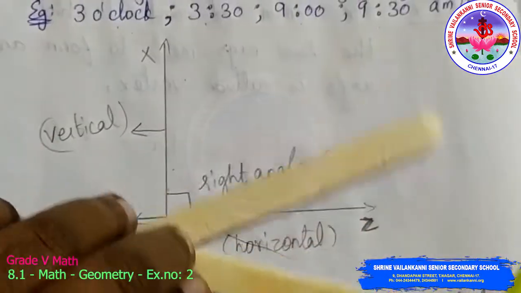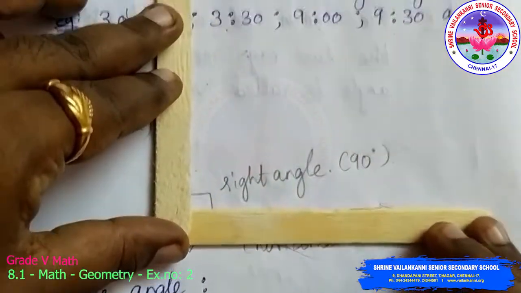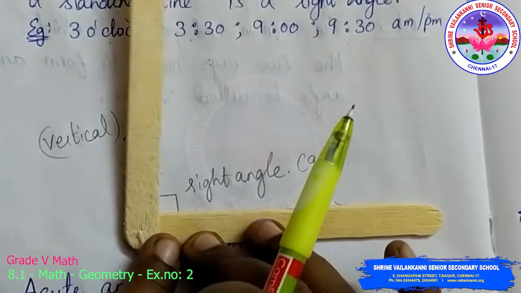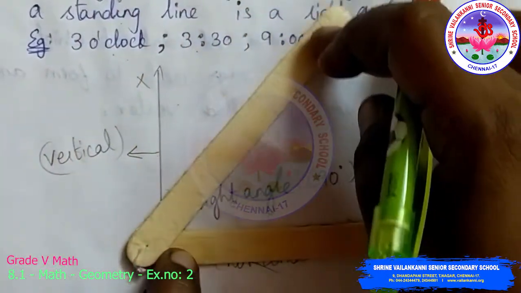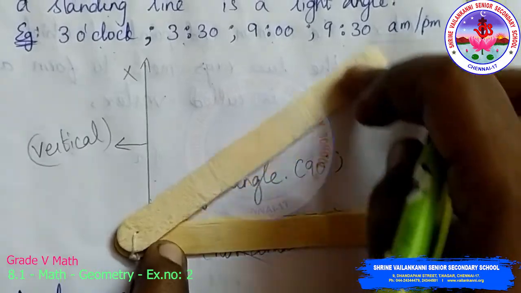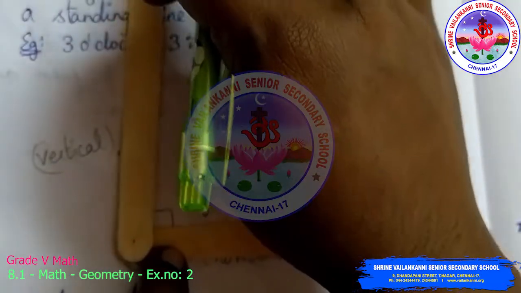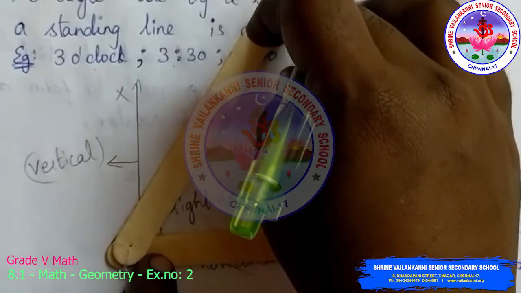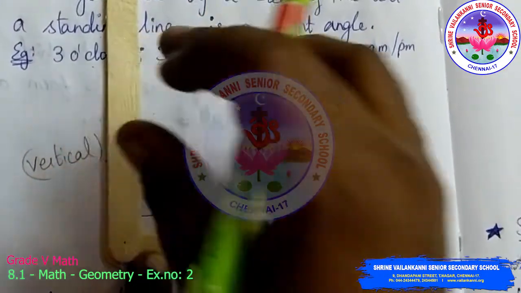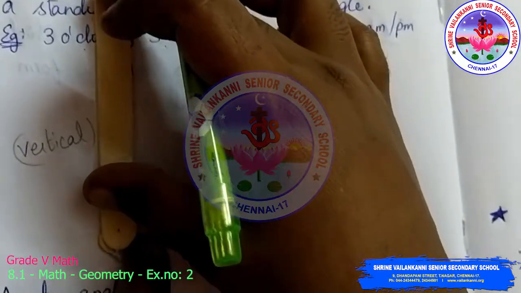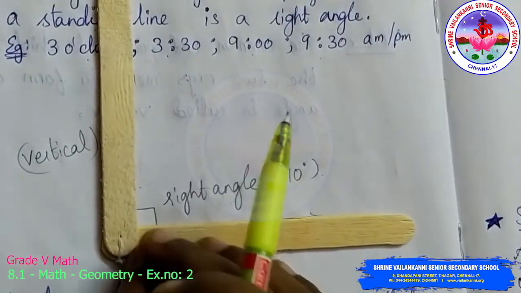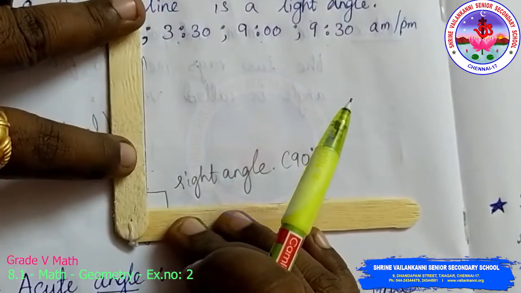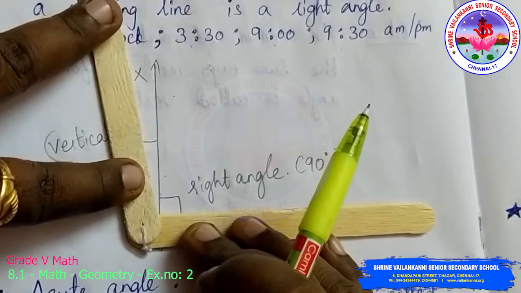Again I am going to use this as an example. I showed you this is the right angle. The angles which are lesser than the right angle, you will call acute angles. Just now we saw, right? From here, if it is reducing, any such angle is said to be an acute angle. Now the angle which moves greater than the right angle, that is backward from the standing line, like this.